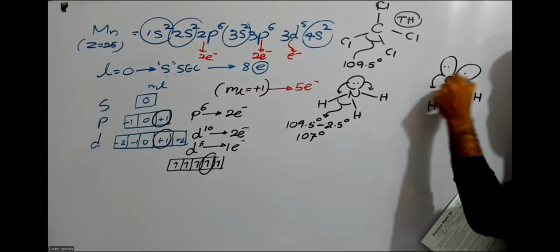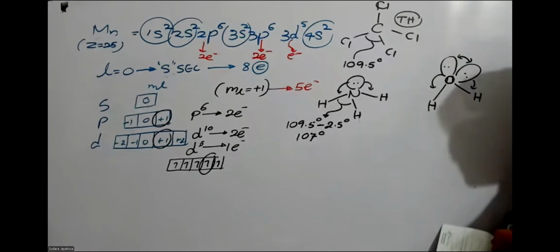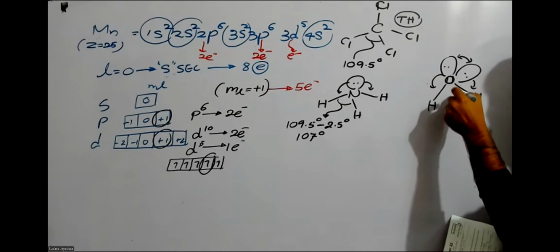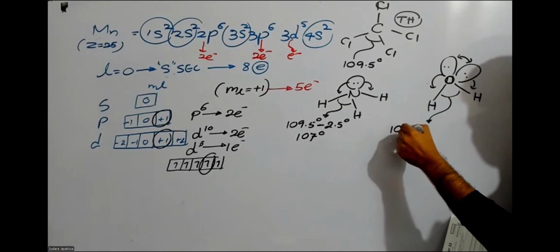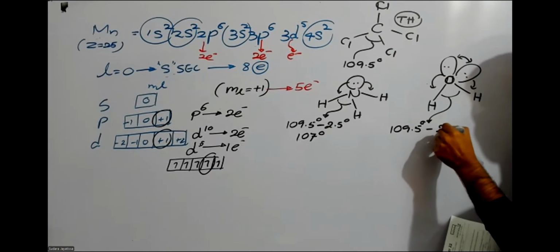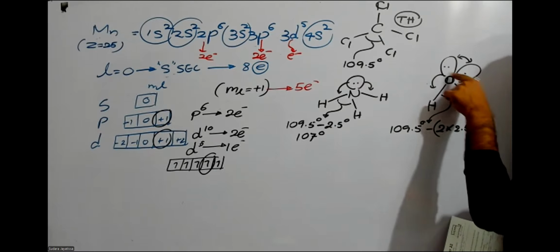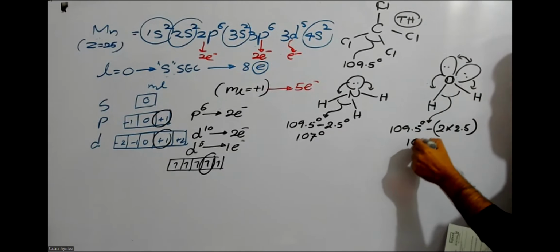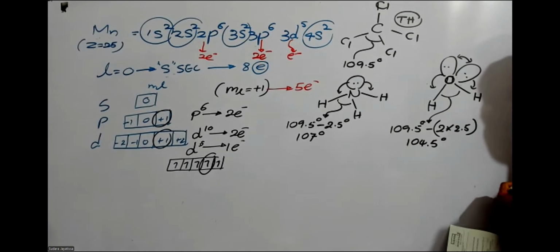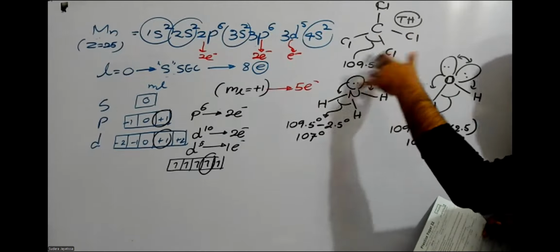The push will be more because lone pairs have a greater push, so the bond angle decreases further. We subtracted 2 times 2.5 because there are 2 lone pairs, 2.5 for each. So it is 104.5 degrees, the lowest angle so far.